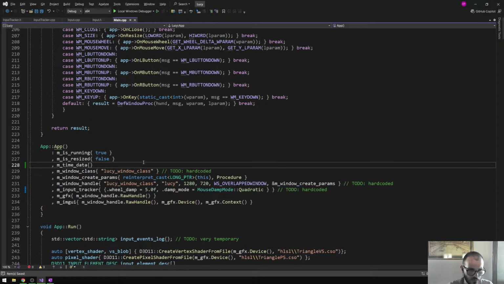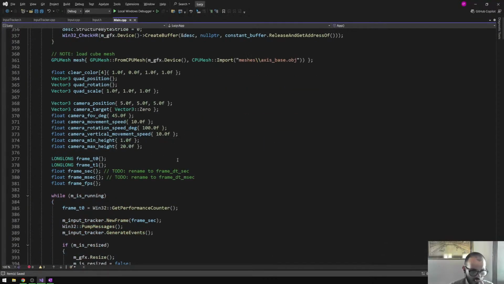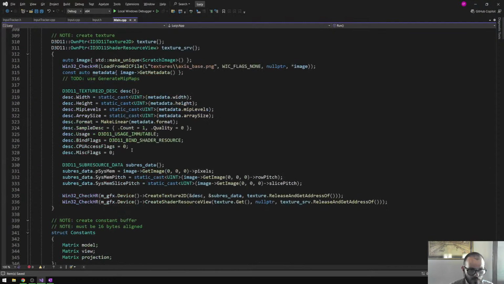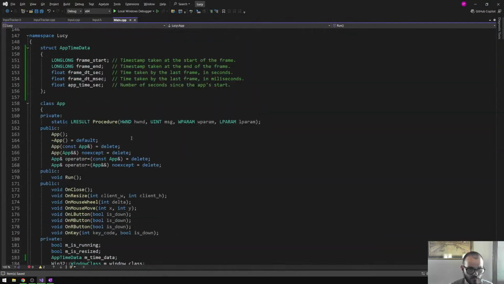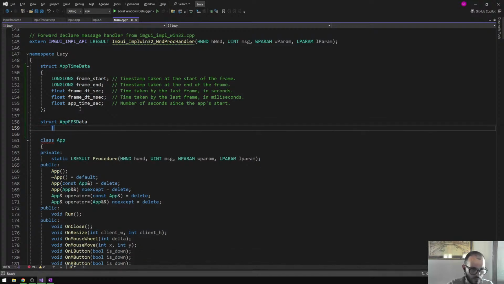Oops. And okay. Here we also have a struct, up FPS data. Okay.